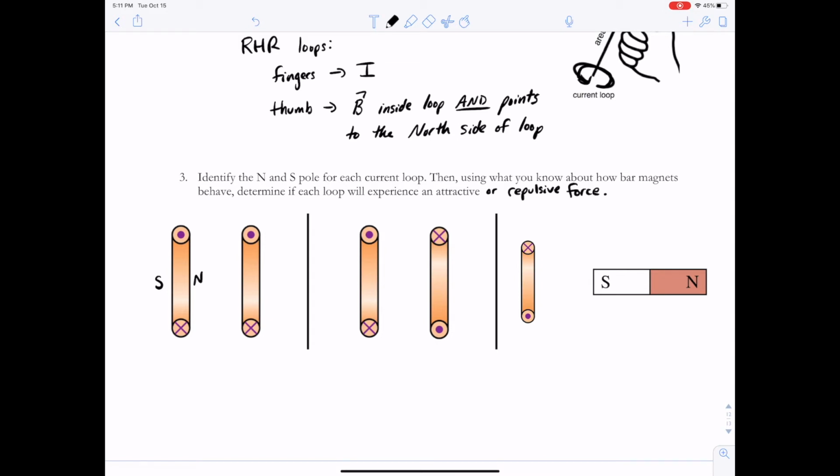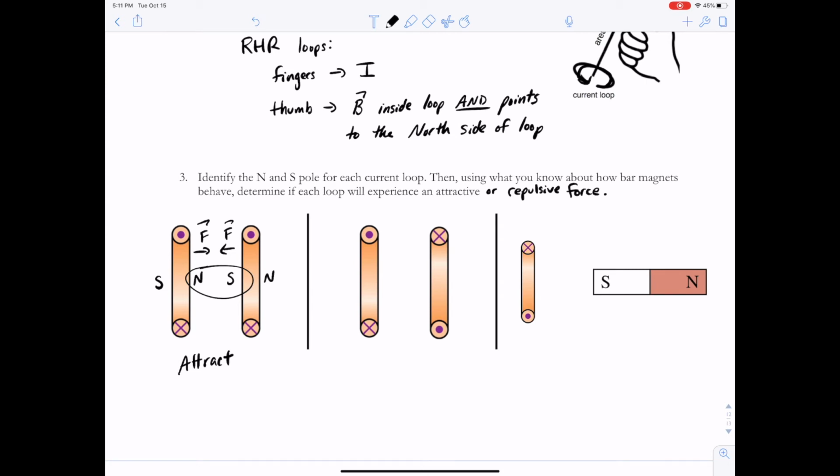The other loop in this example is an exact copy, which means this is a south, that's a north. If we look here, we have a north and south near each other, and we know that in those situations, there will be some force that causes our two loops to attract.